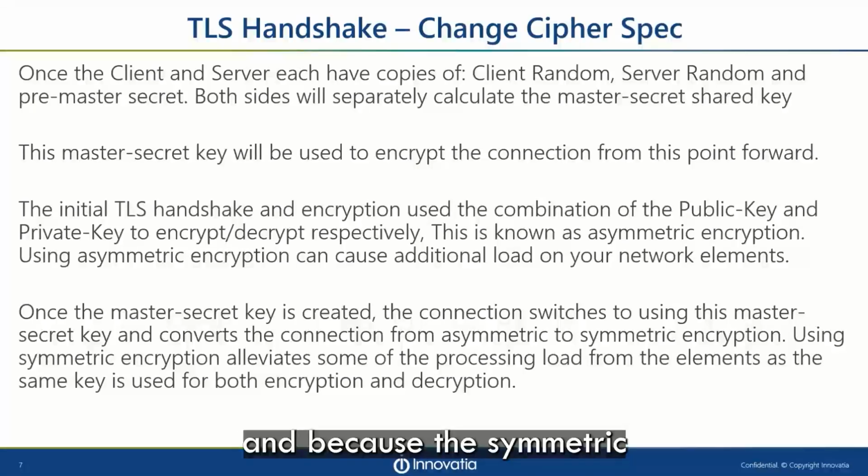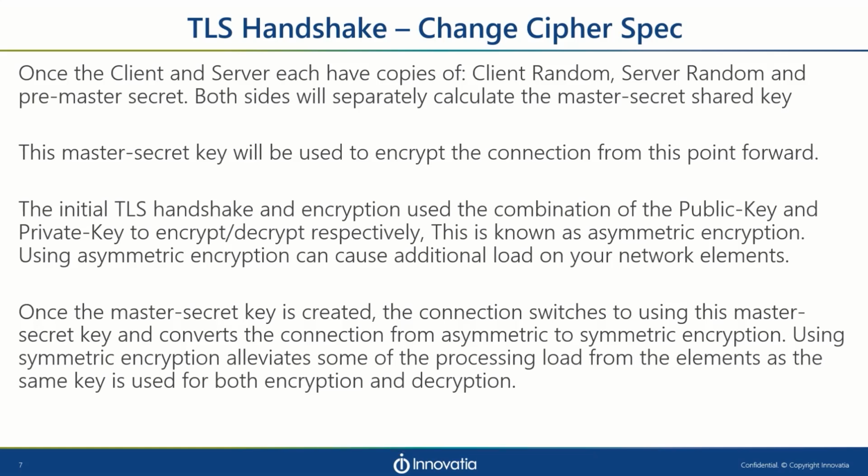And because the symmetric encryption details were initially encrypted using the public key and the private key, it makes the symmetric encryption channel not only less load on the individual elements within the connection, but it also makes the connection itself more secure.